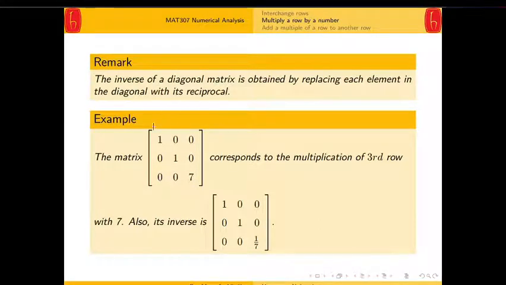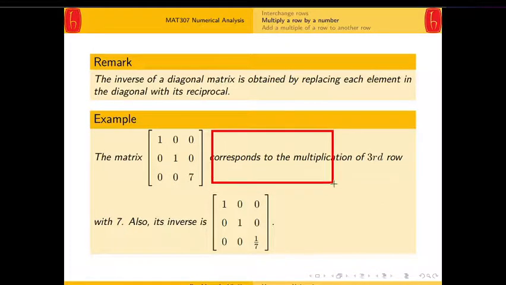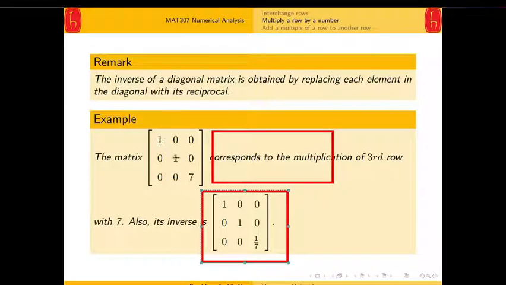If we multiply an augmented matrix by this matrix, that means we are basically multiplying the third row by 7. Also, its inverse is this one. We take the multiplicative inverse of the diagonal entries, and this will be 1, this will be 1, and 7 will become 1 over 7.